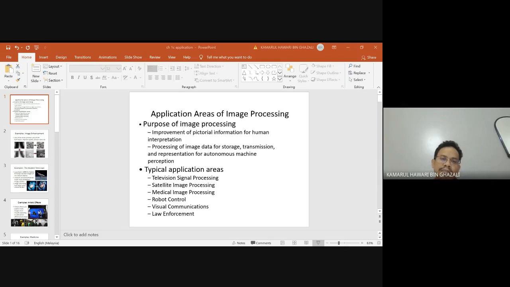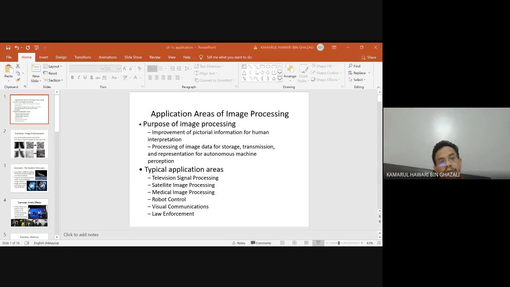So that is the second purpose of processing: process the image for storage, transmission, and representation for a machine. These are the typical application areas: television signal processing, satellite processing, medical image processing, robot control, visual communication, law enforcement, and so on.